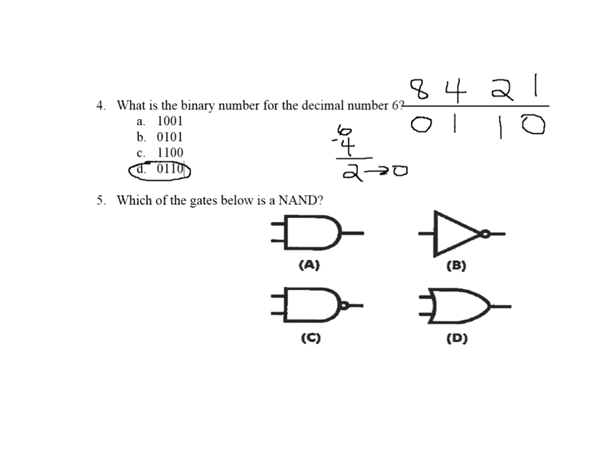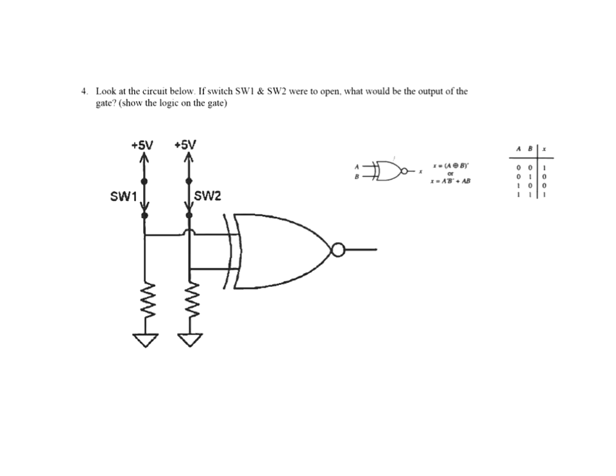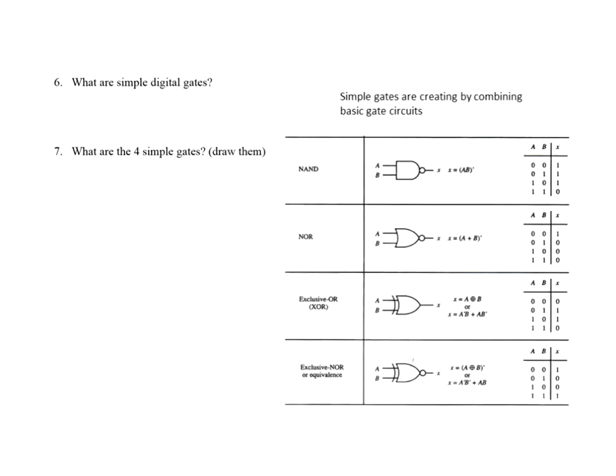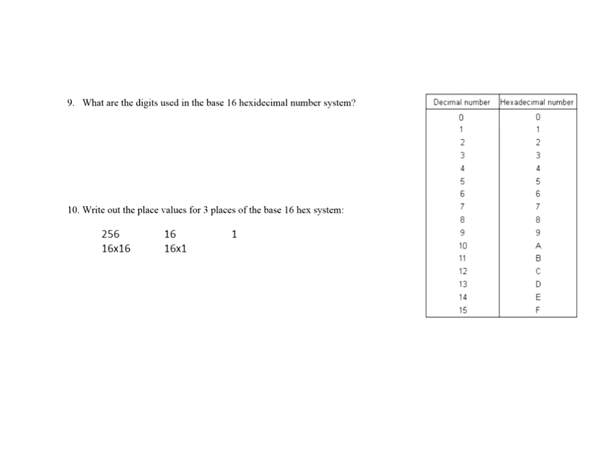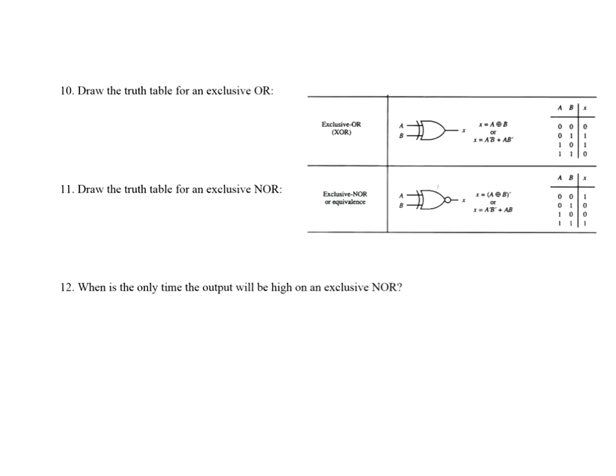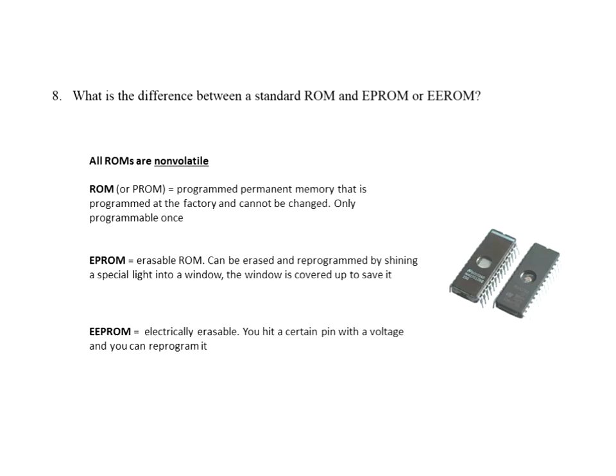Let's go back and check. I have it back here someplace. Oh, did I pass it up? No. Okay. Oh, E is 14. A is 10. B is 11. C is 12. E is 14. It's not 13, huh?